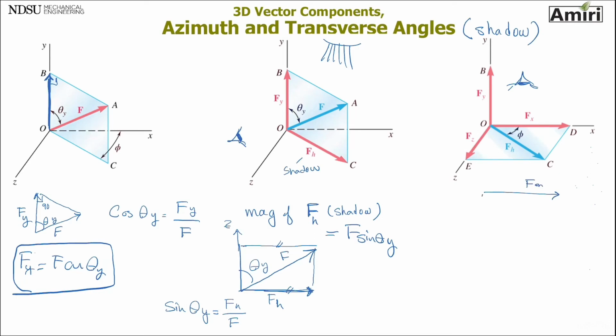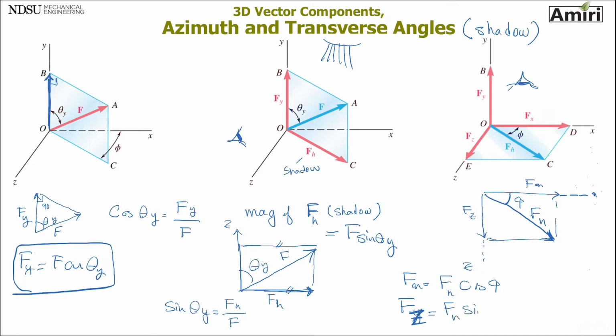I have Fx, I have Fz, this is the z-axis, this is the x-axis, and I have an FH and an angle phi. My Fx is going to be FH cosine phi, and my Fz is going to be FH sine phi.